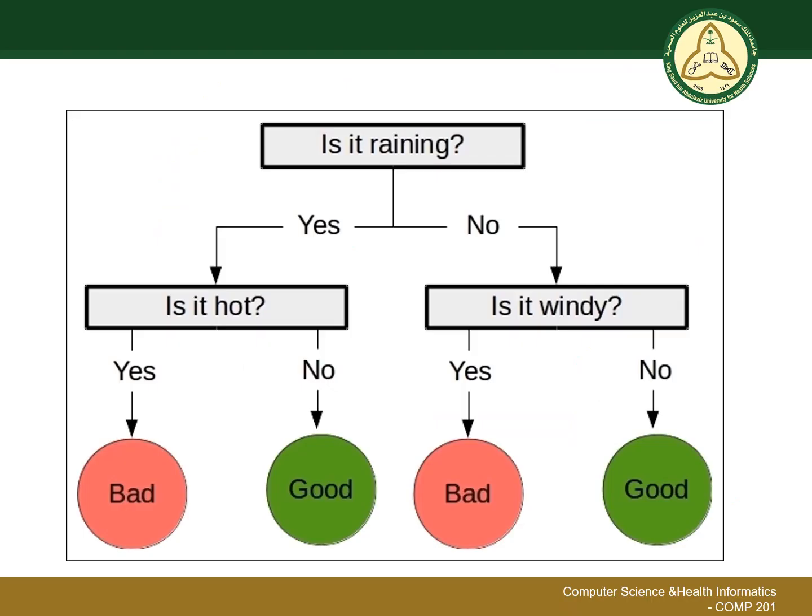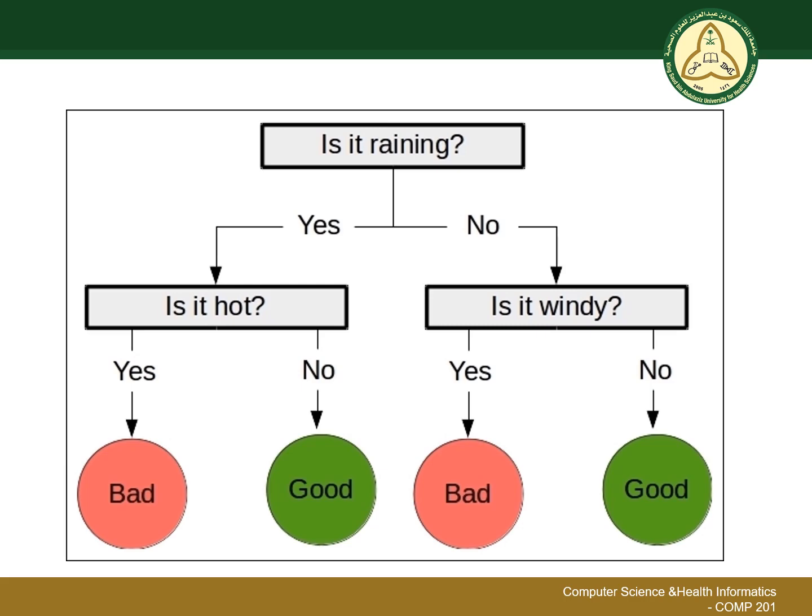In this slide, we have a problem. We want to check the weather. In general, to solve any problem, we need to understand what is the data we have and what exactly the required output is. Anyway, this is not a complete example, just for simplicity, we have some assumptions. We assume a good weather is no rain and no wind. Also, a good weather is rainy but not hot.